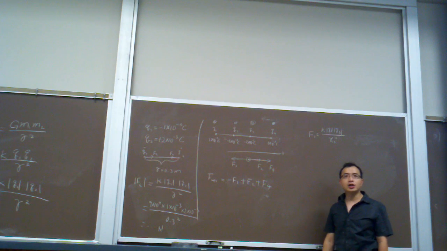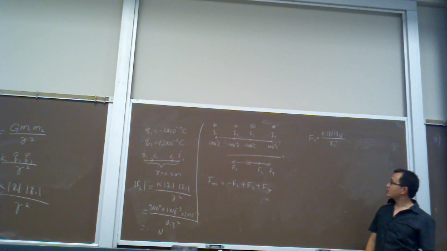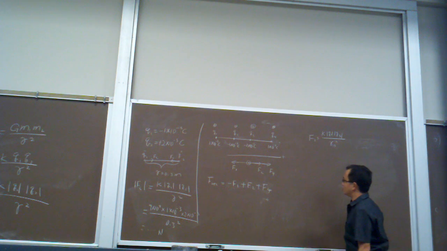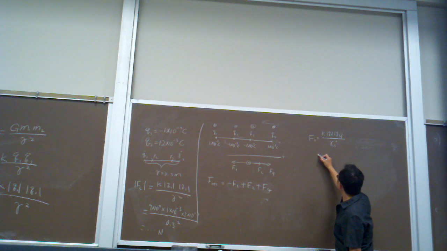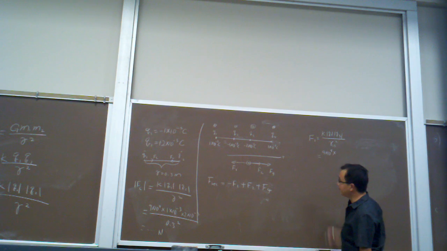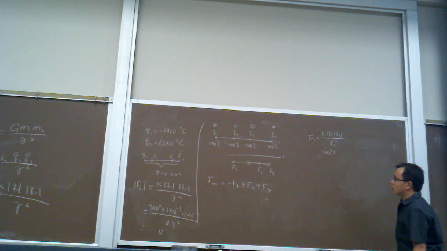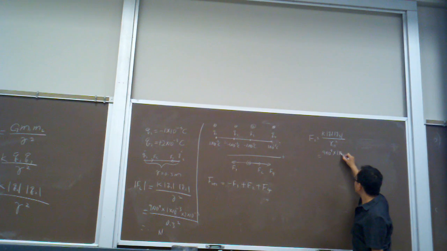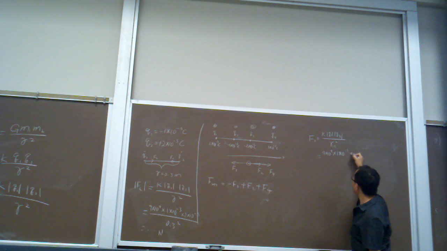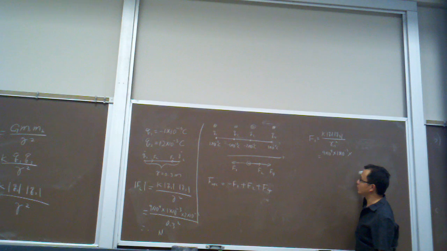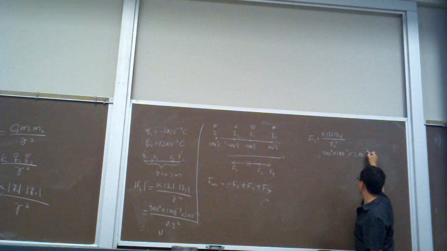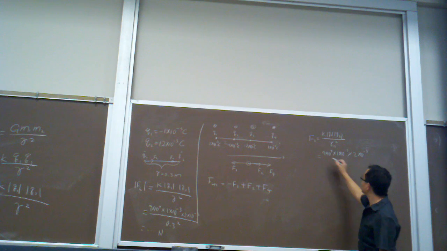You are calculating the electrostatic force between charge 1 and charge 3. You use the absolute values. So this will be 9 times 10 to the power of 9, times 1 times 10 to the power of negative 3, and then 2 times 10 to the power of negative 3, only positive numbers in the calculation.